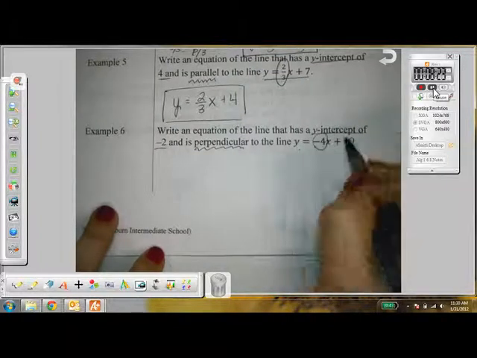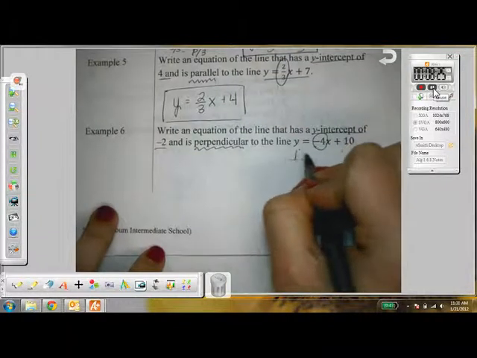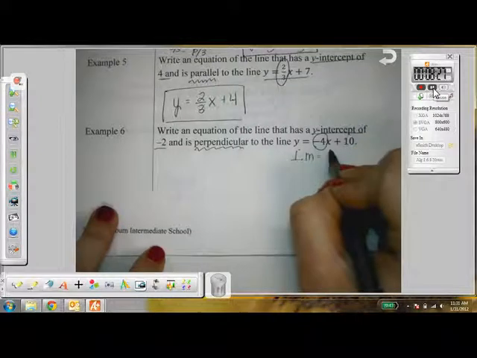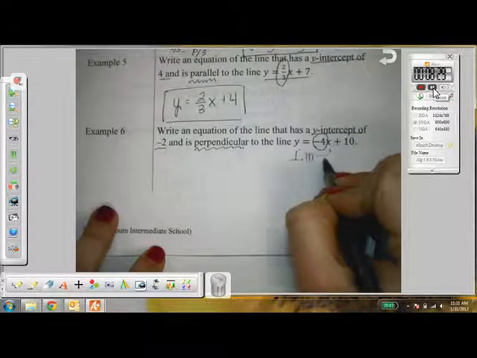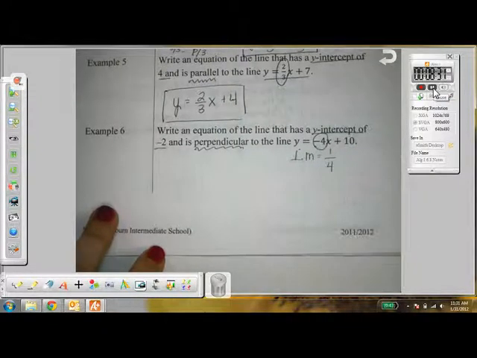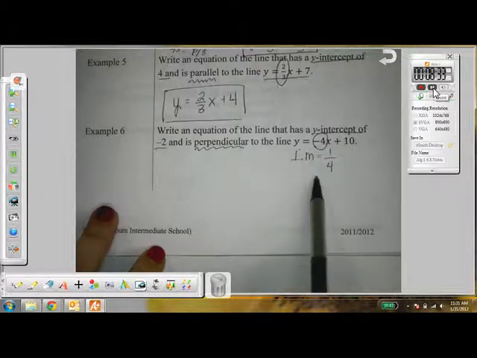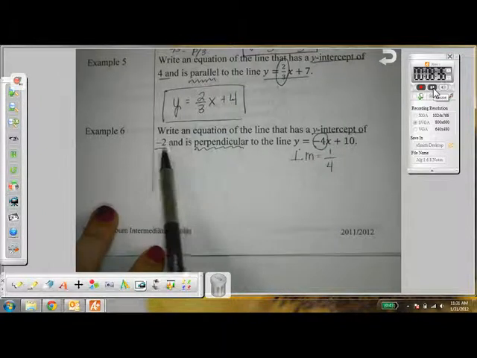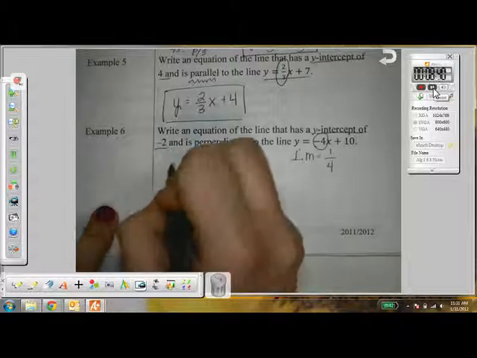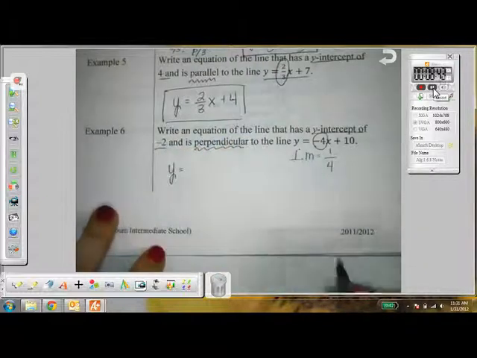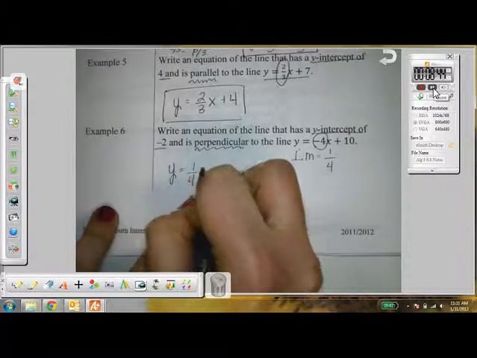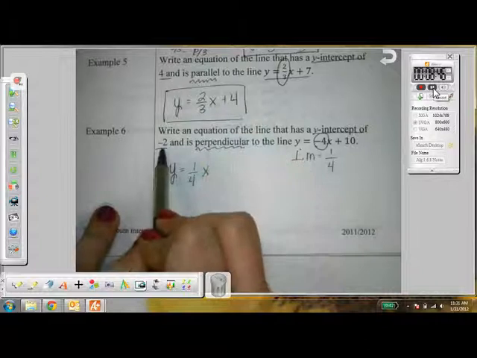So what do I want my perpendicular slope to be? Positive 1 over 4. So now I know what the slope is going to be. I know what the y-intercept has to be. So what am I going to do? Plug it in. So we get y equals 1/4 x minus 2.